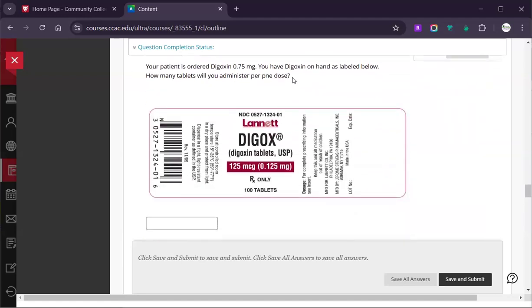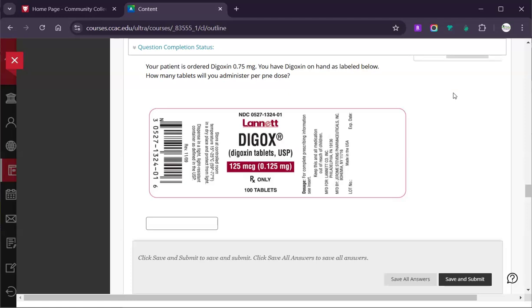All right, digoxin, 0.75 milligrams. It's available in either 125 micrograms, or, and you see in parentheses, that's not times, that's or, 0.125 milligrams. So if it's ordered in milligrams and you have the label available in milligrams, use the milligram to milligram comparison, or you can convert milligrams to micrograms and still work it out that way.